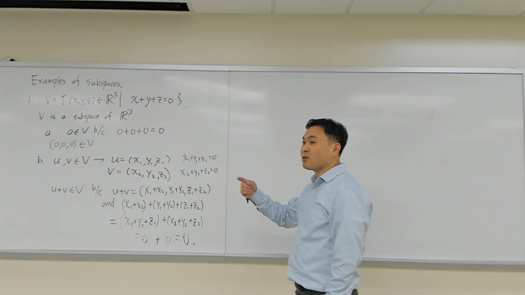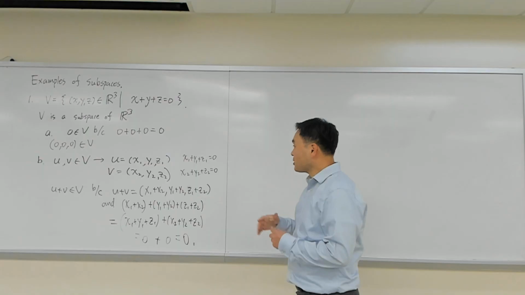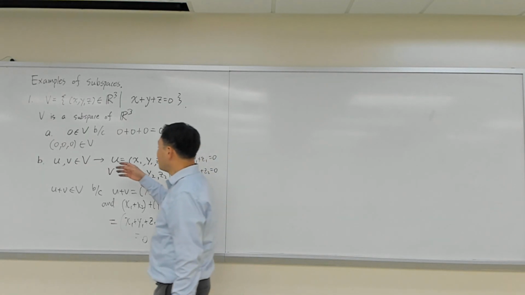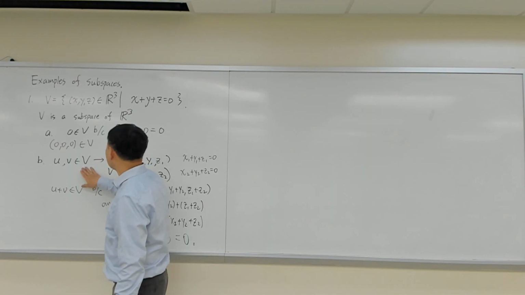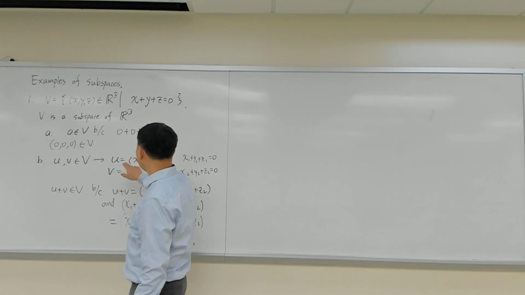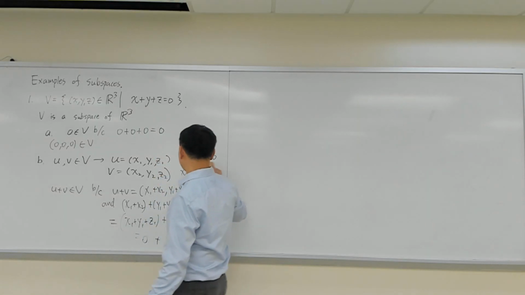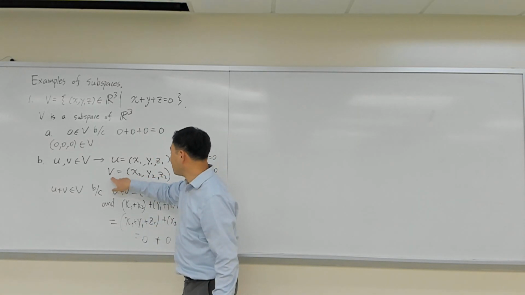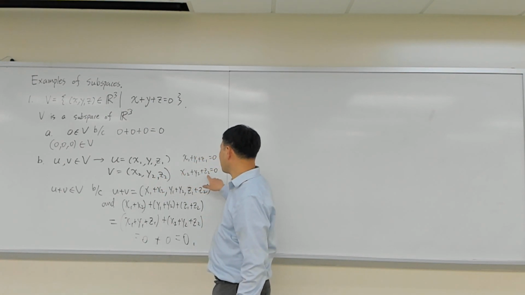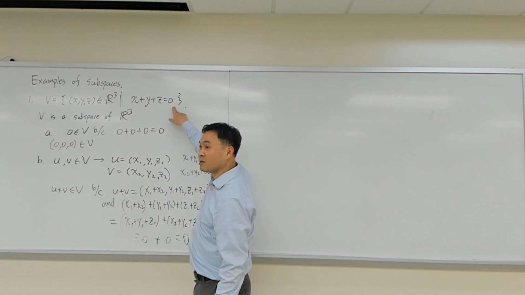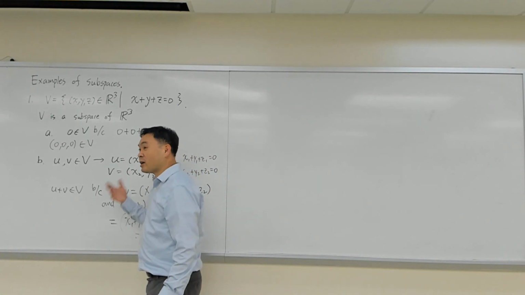It's constantly going back and forth, asking what does this mean? And you should be answering, it means u is (x1, y1, z1) where this is true. It means v is (x2, y2, z2), where x2 plus y2 plus z2 equals 0 because of this. And then you ask the next question, what do I have to prove?